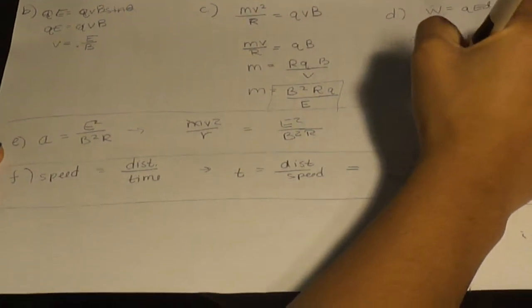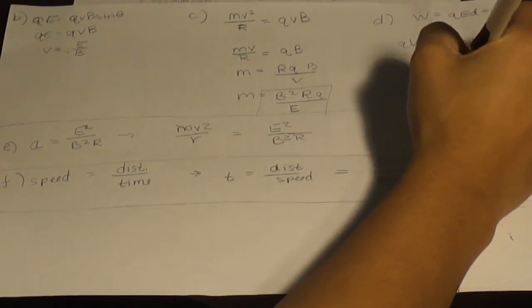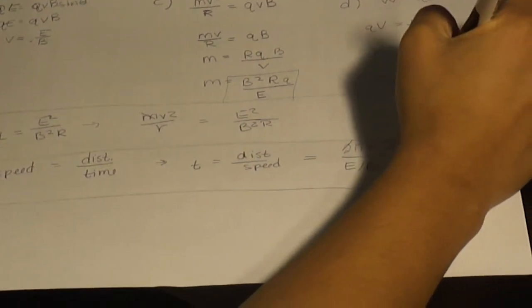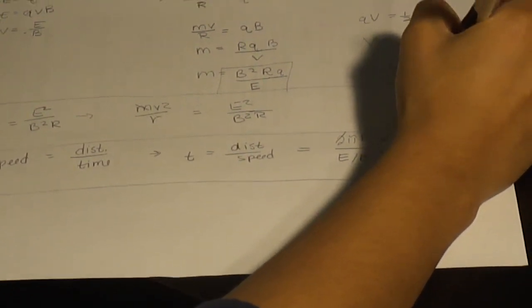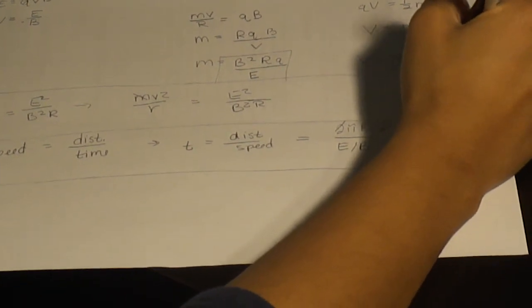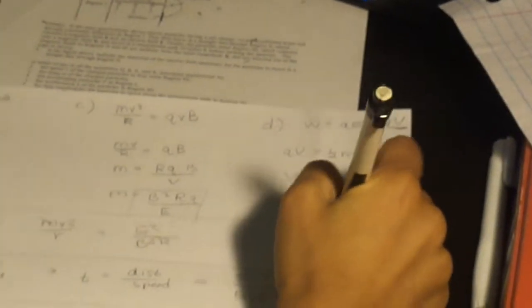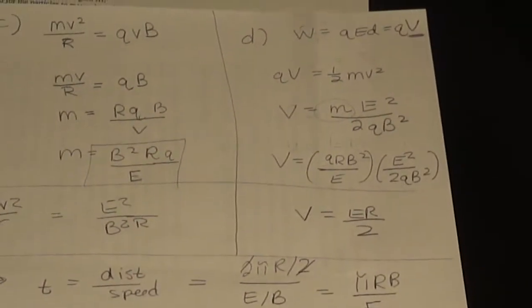If you do that, you get RB squared divided by E times E squared divided by 2B squared. You cancel everything out and you get V is equal to ER over 2. And with that, we have successfully completed this free response. Thank you.